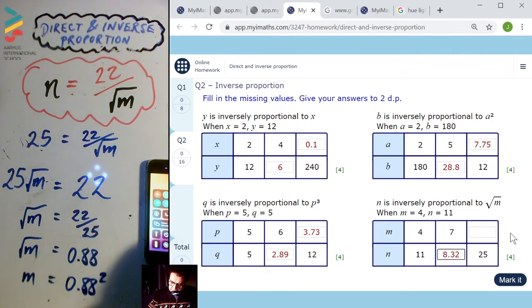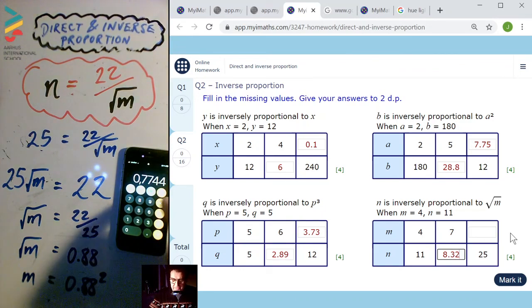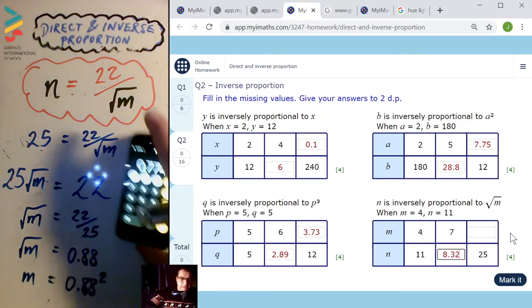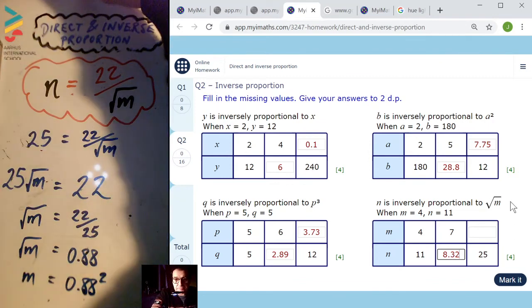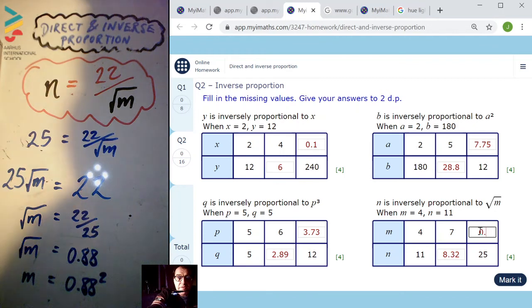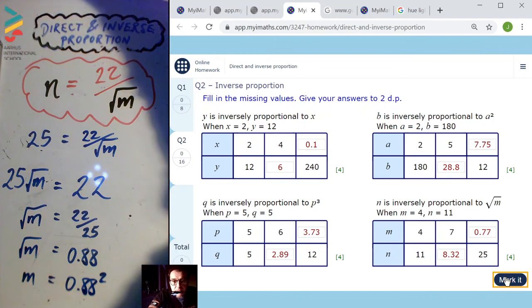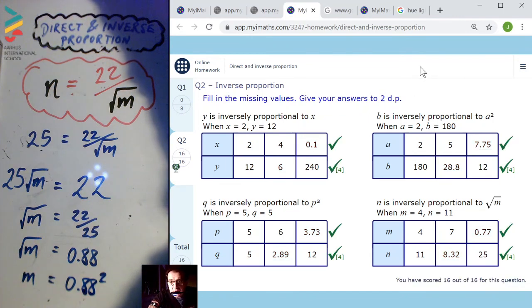So let's just do that. 0.88 times 0.88 is 0.7744, which is going to round to 0.77. So in the box 0.77, and let's mark it. There we go, 16 out of 16, as we would have hoped.